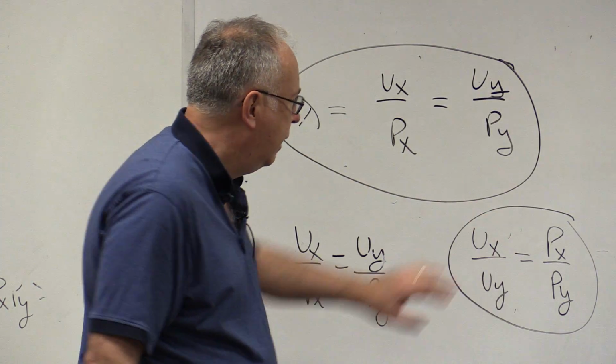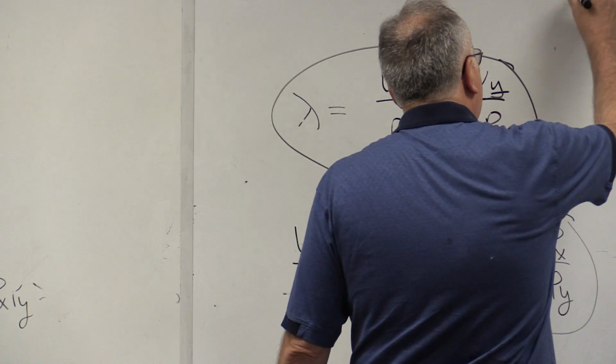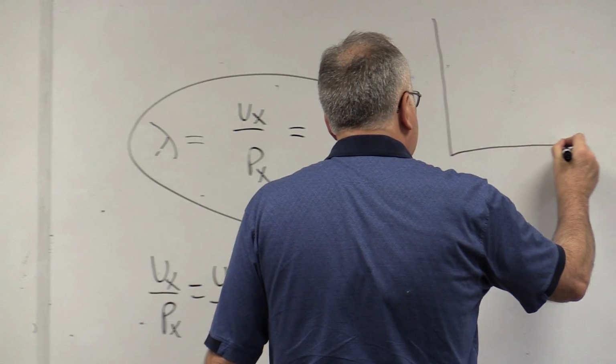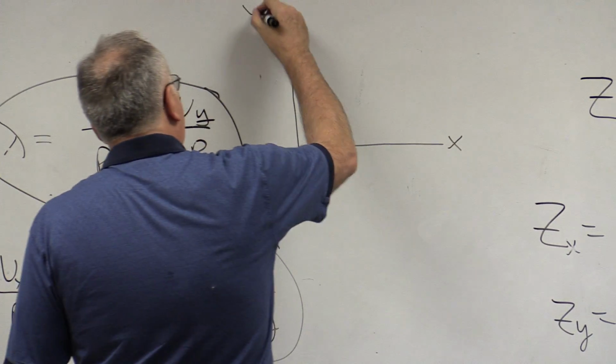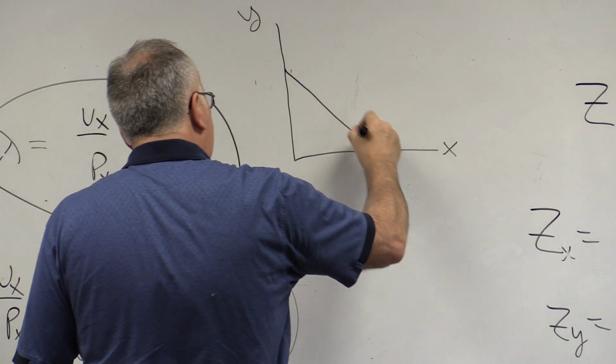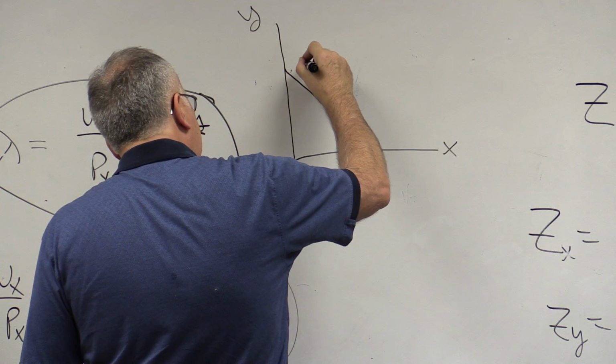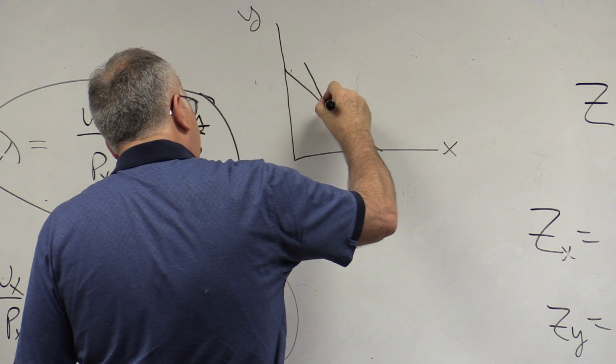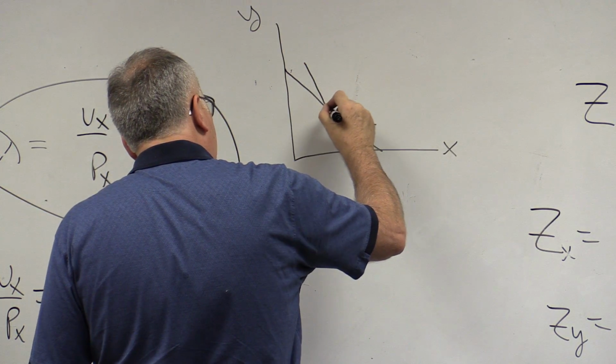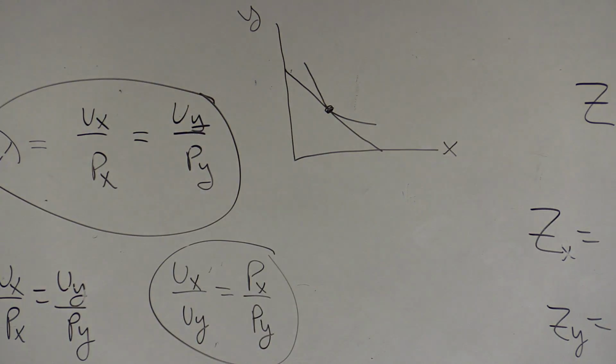This simply means that at the optimal point, the budget line and the indifference curve have to be tangent to each other. At that tangency point, the marginal rate of substitution is the same as px over py. Slope of the budget line is the same as the slope of the indifference curve.